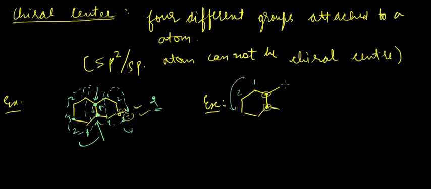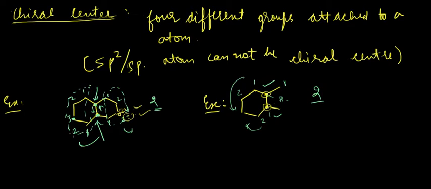If you go from this, you have carbon at first position, and if you go at this, you have one substituted carbon at first position, and then the ring continues. So both, and the fourth is the hydrogen. So all the four groups for this chiral center are different, hence this will be a chiral center. And similarly I can also say for this, because it's symmetrical, so two chiral centers are there.